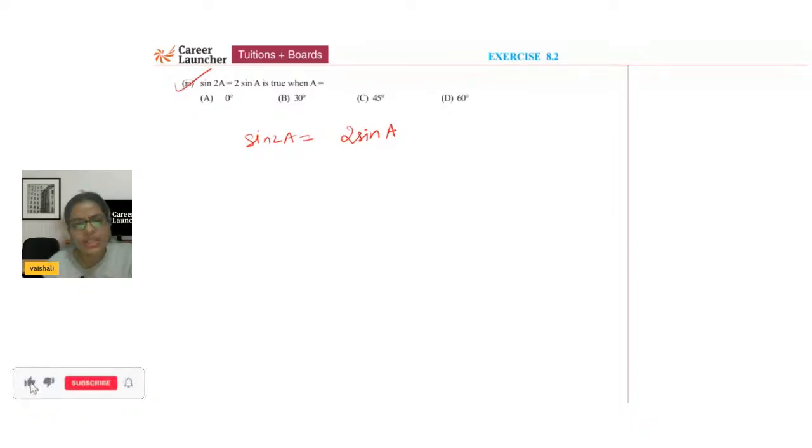Yes. So you can try this out at different values. You can plug in the options itself. For instance, if my angle is 0, sine of 2A is sine of 0 degrees, which is 0, so my left hand side is equal to the right hand side. So just by looking at option A, you are getting it correct.